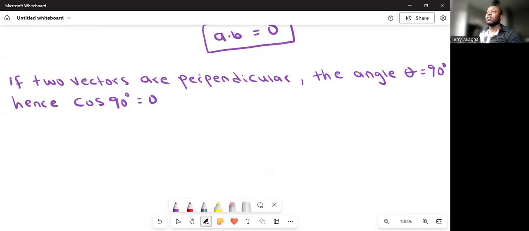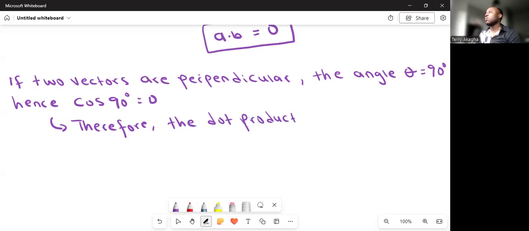And if cos 90 is 0, therefore the dot product will be 0. So the dot product is 0 when they are perpendicular.